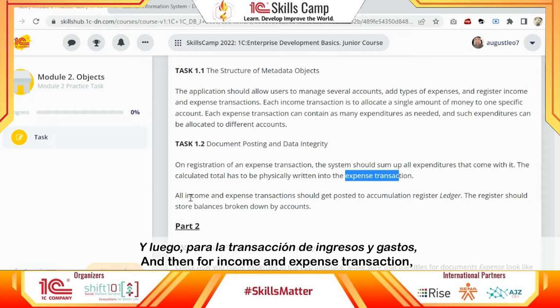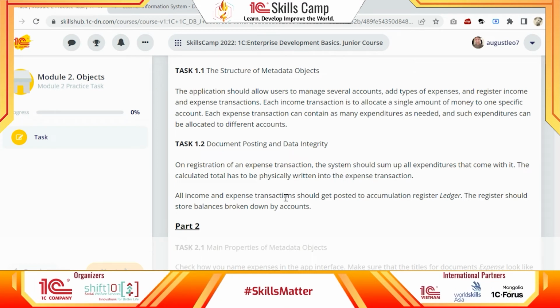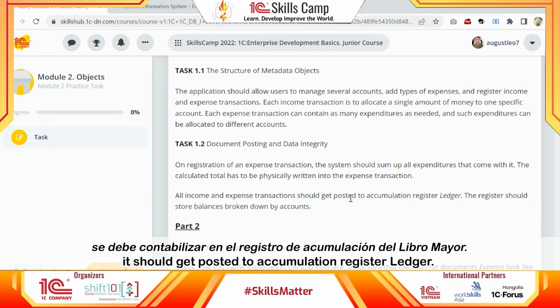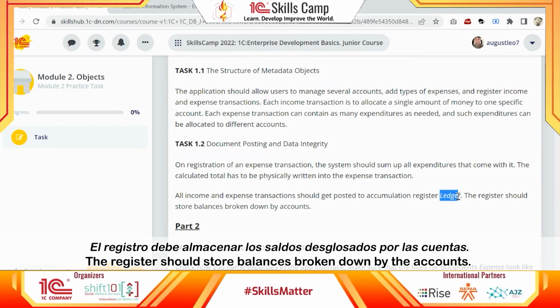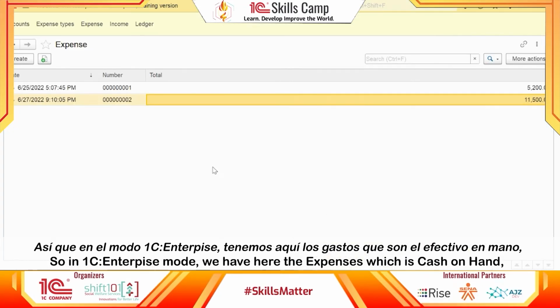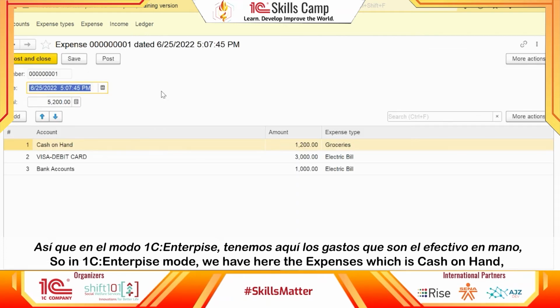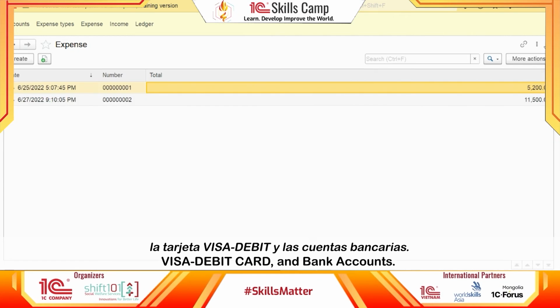And then for income and expense transactions, they should get posted to the accumulation register ledger. So the register should store balances broken down by the account. So in 1C enterprise mode, we have here the expenses, which are cash on hand, Visa, and bank accounts.